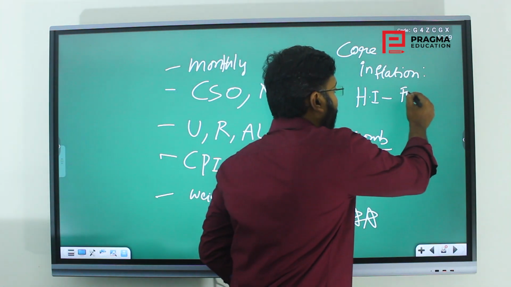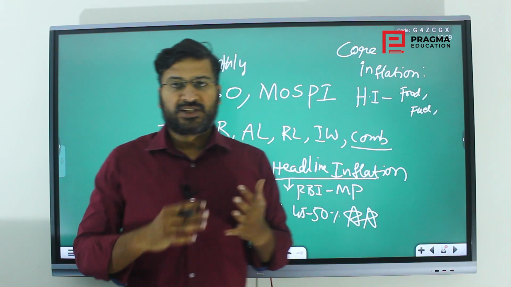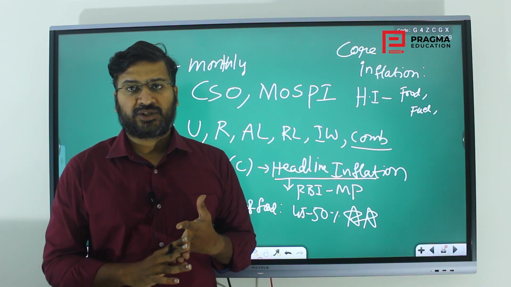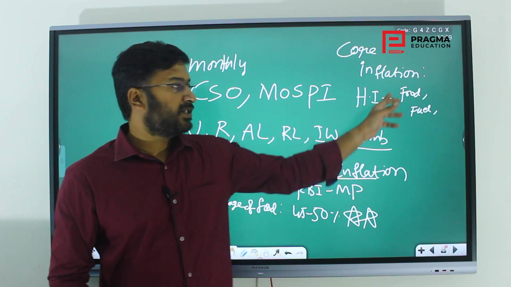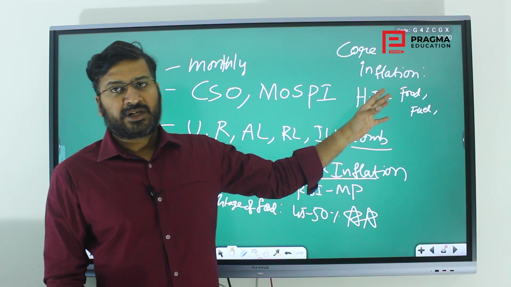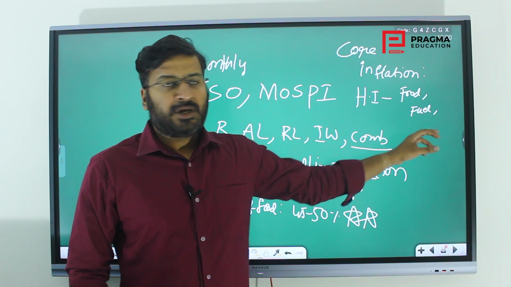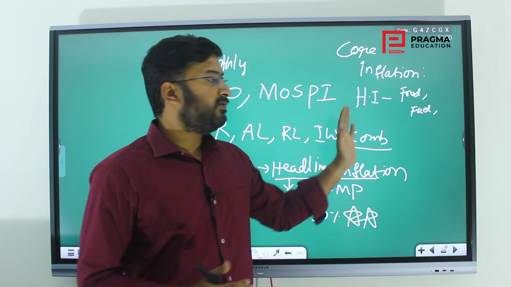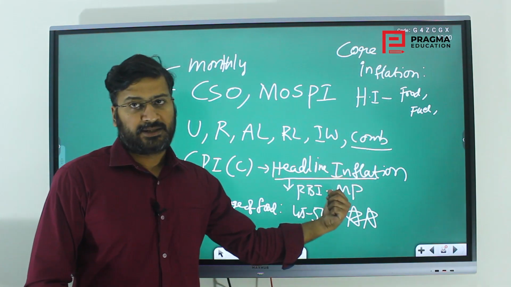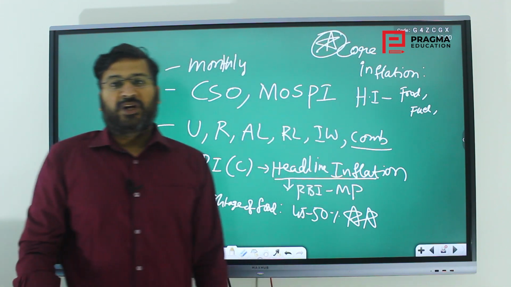Like food, fuel. Food, why? Because if there is a drought, a transport problem, infrastructure issues, connectivity or supply chain management issues, the prices will increase. Then fuel: if the barrel price increases in the international market, it will be transmitted down to the public, and fuel prices will increase. So these are volatile goods and services. They will be removed from the headline inflation, and then you arrive at the core inflation.